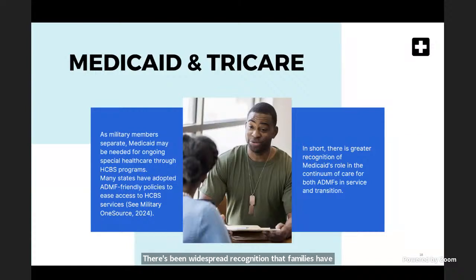There has been widespread recognition that families have been disadvantaged because it's been difficult for them to establish and maintain residency in a state because of the PCS process. And because they've moved, they've lost their place in line, if you will, to receive waivered services. This is very complex, and I don't want to say that eligibility means that you will have access or coverage because people wait many, many years.